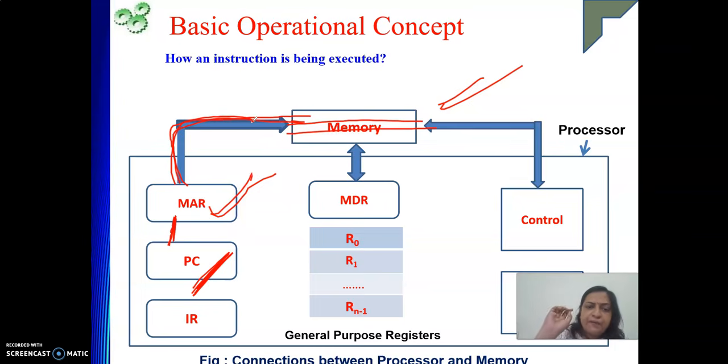So whenever I perform any operation, the first question is what is the address. The second is whether I need to get something from that location or write something into memory. That means give the address, then tell the direction of the communication. There are two things.